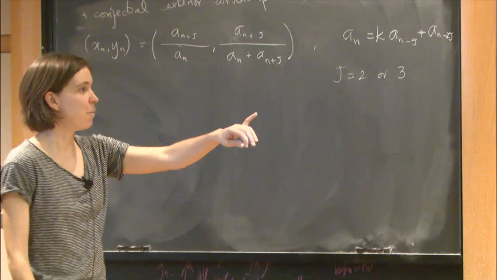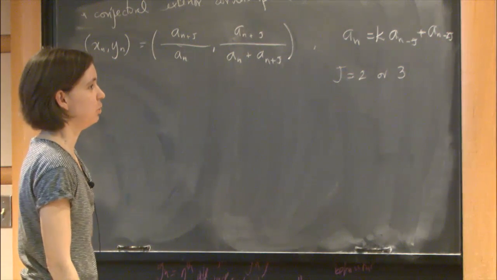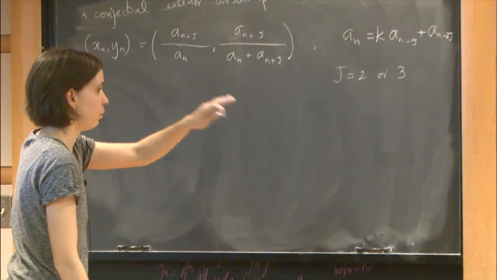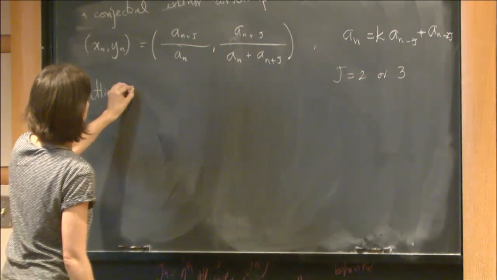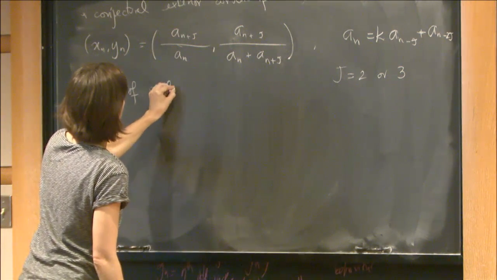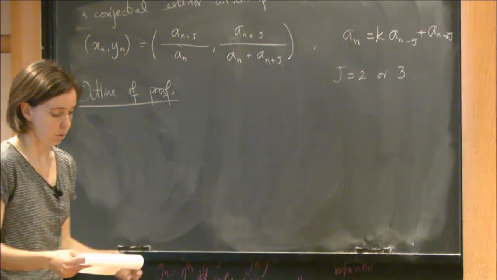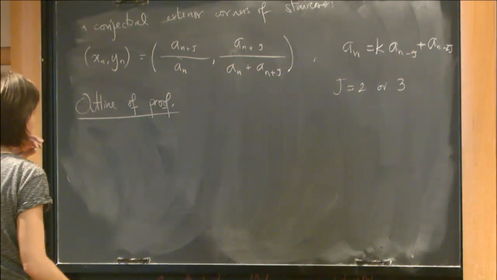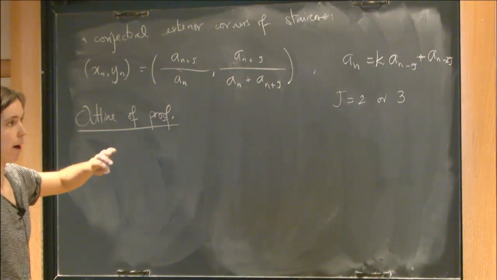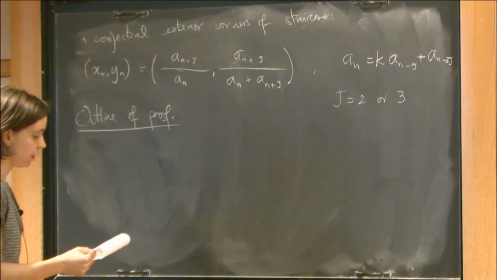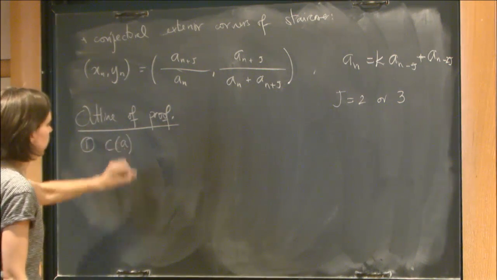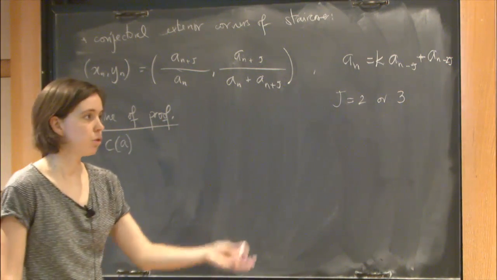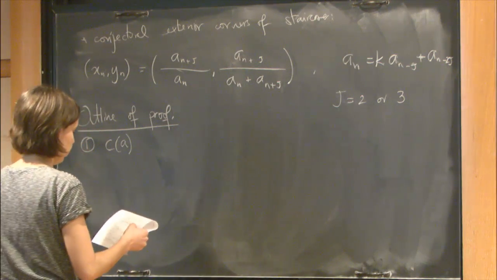Okay, so these are the two things that I want to tell you because they're going to come up in the next part. Okay, so outline of proof, and again, we don't compute the graph explicitly. First we have to note a few things about the function C of A, and this was already true for the ball.